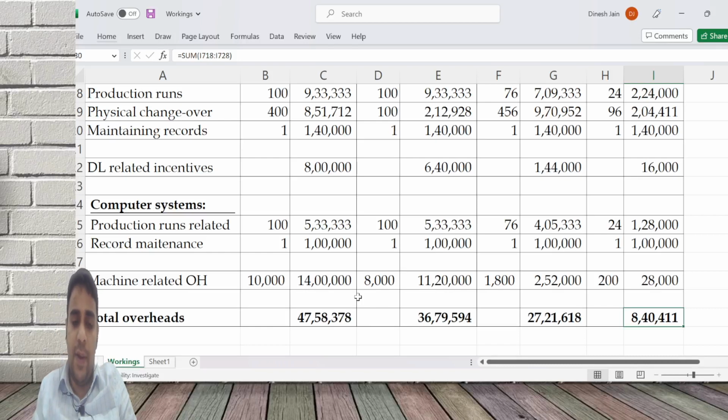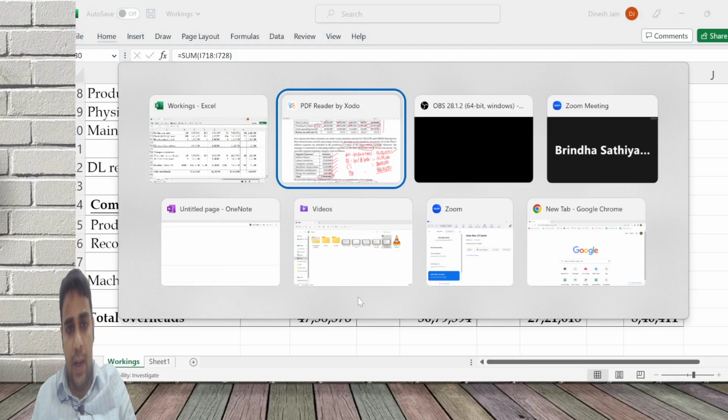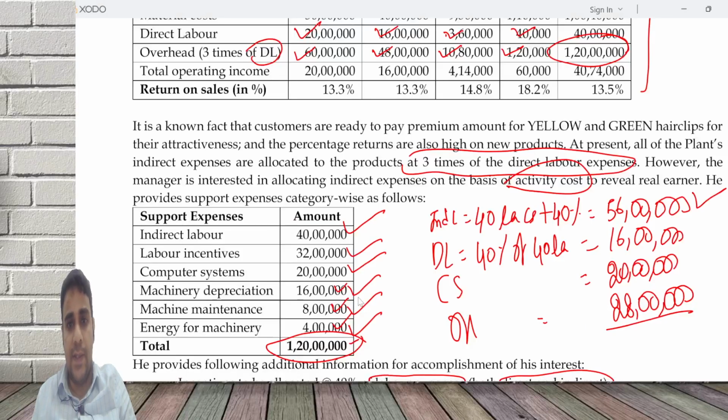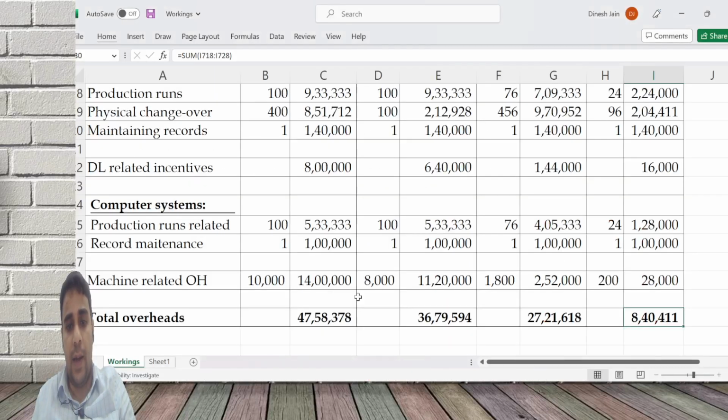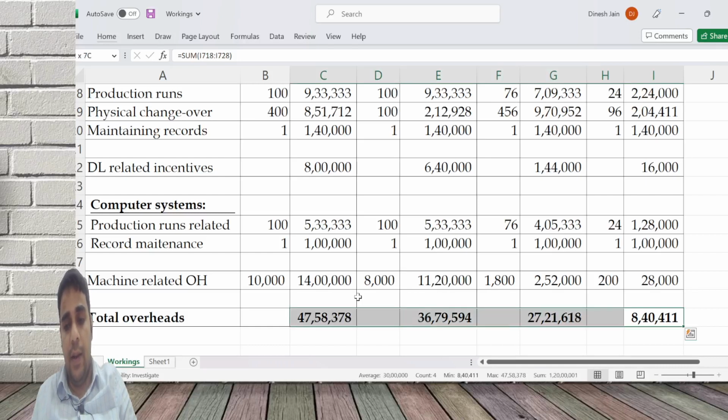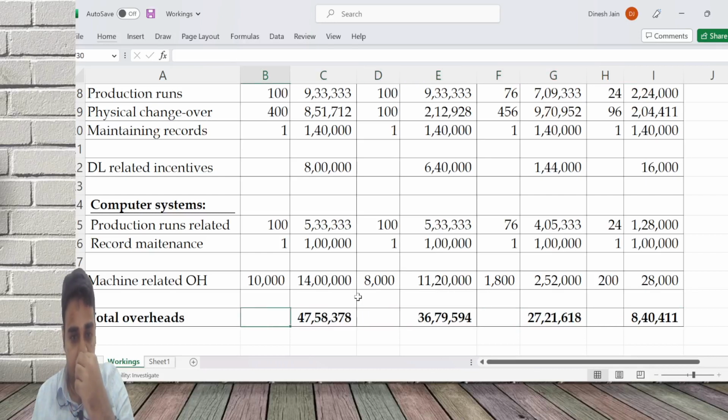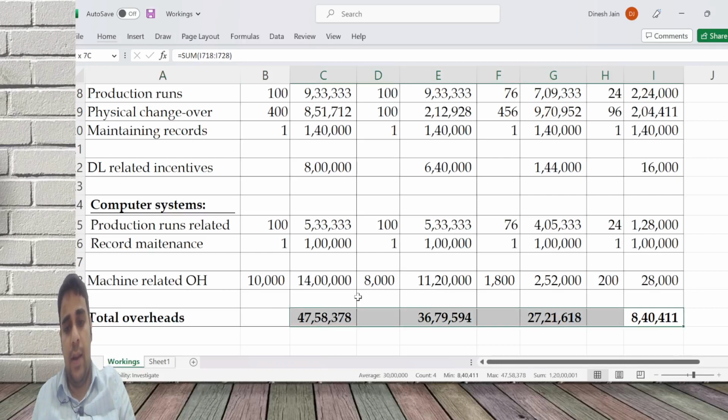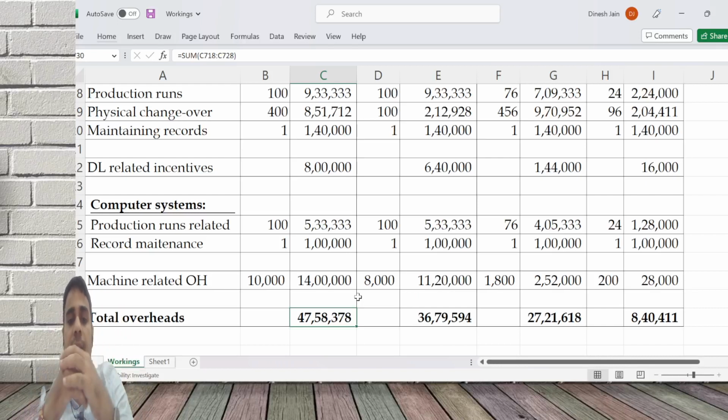Earlier the overheads were different, now the overheads are different. Earlier it was very simple: 60 lakh, 48 lakh, 10 lakh and 1 lakh 20, 3 times of direct labor. Now the overhead figure is undergoing a significant change. It was a slightly lengthier question because we had to break down the expense into so many categories.